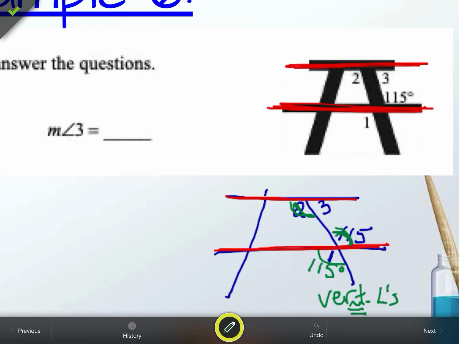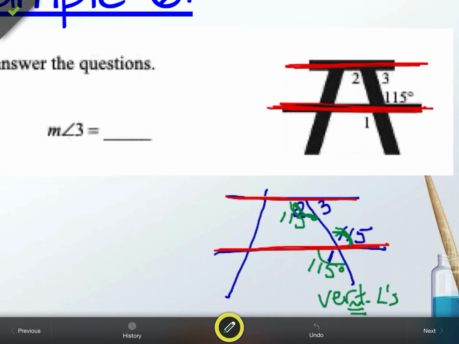We could also say it corresponds to which angle? It's corresponding to angle 1. Different people will see it differently. So, what do we know about alternate interior angles, or what do we know about corresponding angles? Either one? Good. They're congruent. So angle 2 is 115.